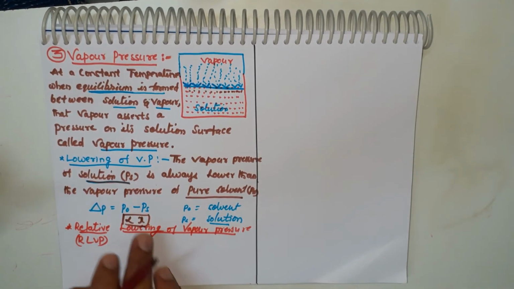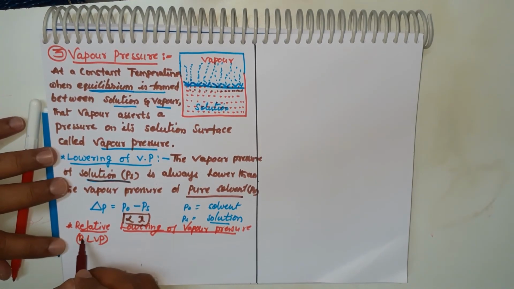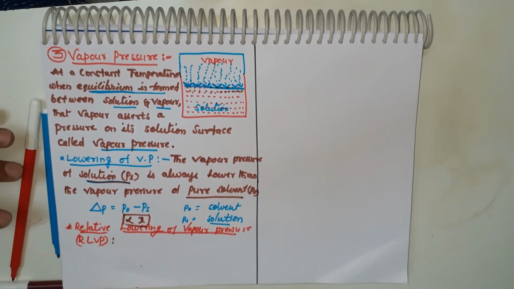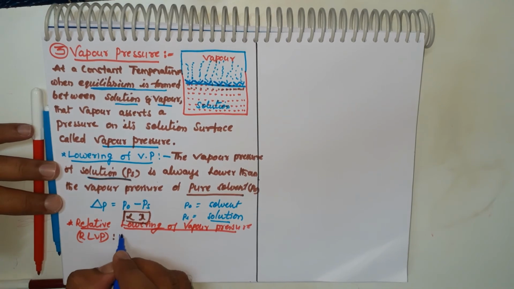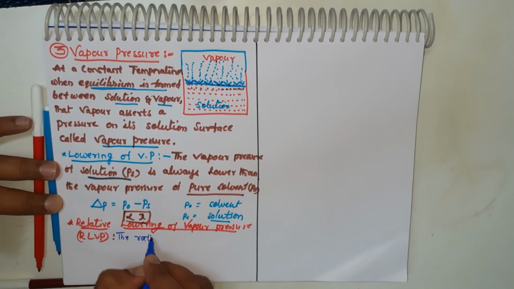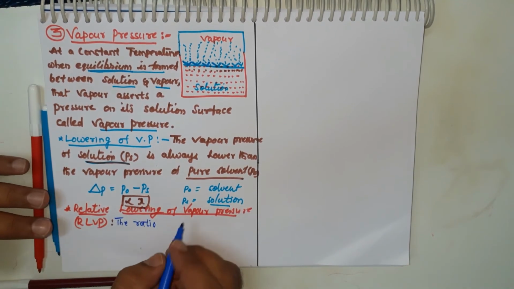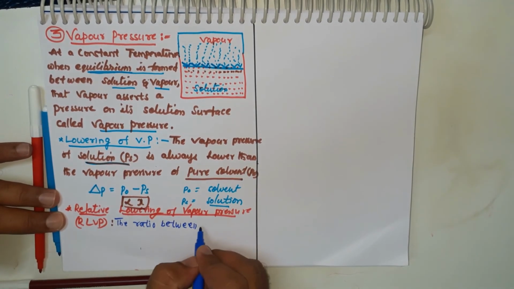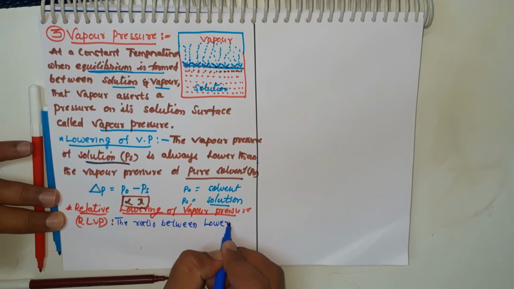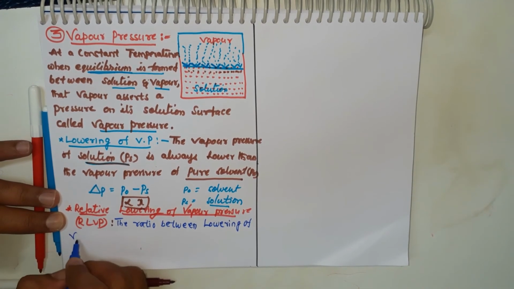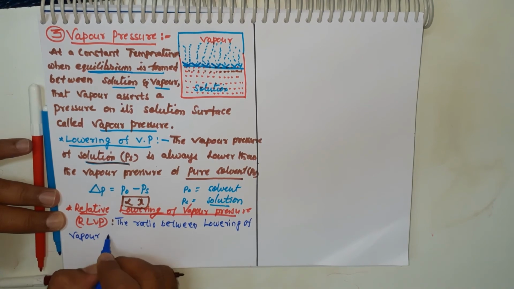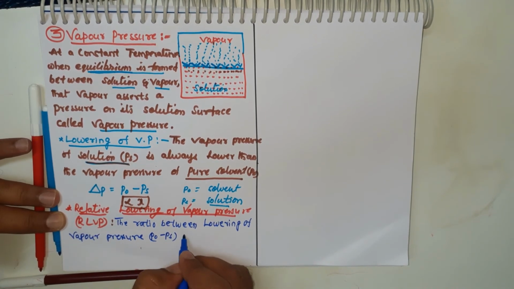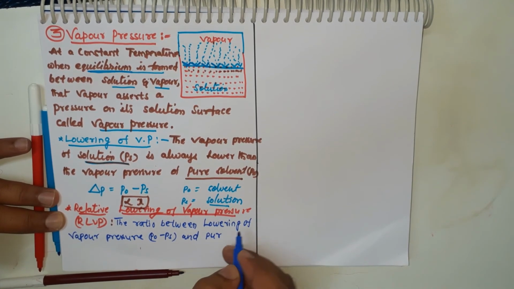Relative lowering of vapor pressure is the ratio between the lowering of vapor pressure, that is P0 minus Ps, and the pure solvent's vapor pressure.